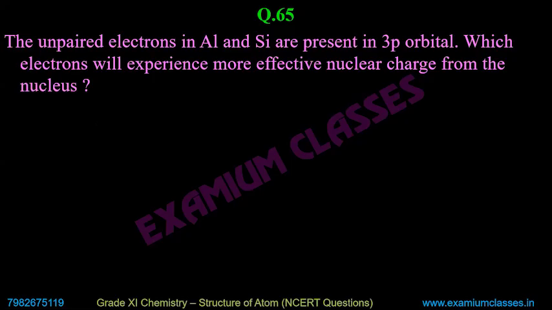Next, the unpaired electrons in aluminum and silicon are present in the 3p orbital. Which electron will experience more effective nuclear charge from the nucleus? Here it is the same. The orbital is the same. In previous questions, orbitals were different. Who will answer the question?